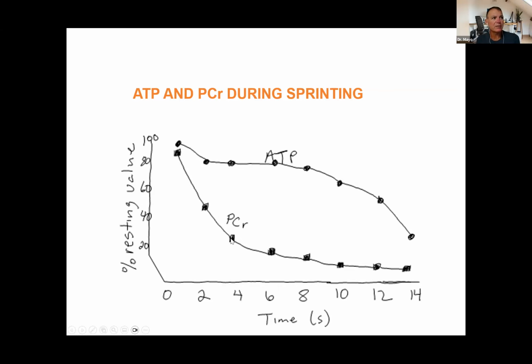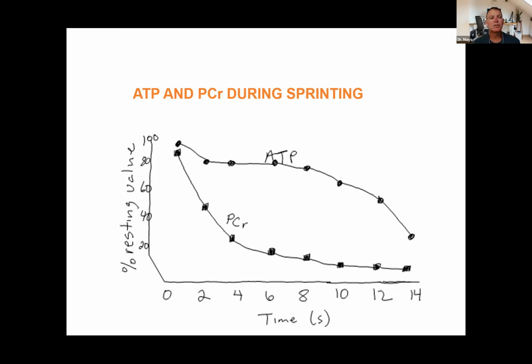And then at 4 seconds, there's less of it. And then at 6 seconds, there's less of it. And then around 8 to 10 seconds, look what happens. We're below 20% within 10 seconds. But if you look, even though creatine phosphate stores are being depleted rapidly, look at the ATP stores. It drops a little bit, but you're able to maintain that ATP. And what does that mean?